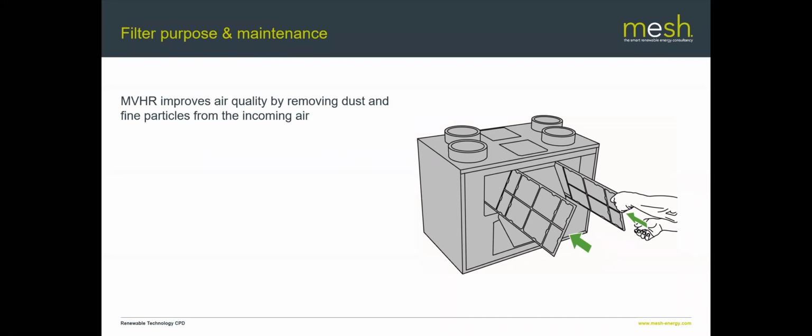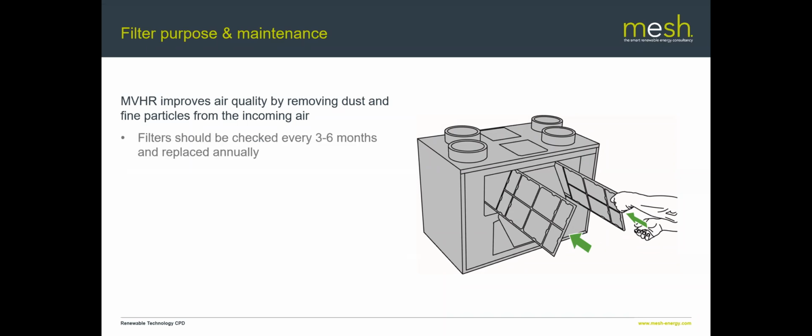So in a typical house, you're bringing fresh air in and passing it through a filter before it goes through the heat exchanger, and that allows you to get rid of certainly dust and grime from the air, but also depending on the type of filter, you can also get rid of pollen.